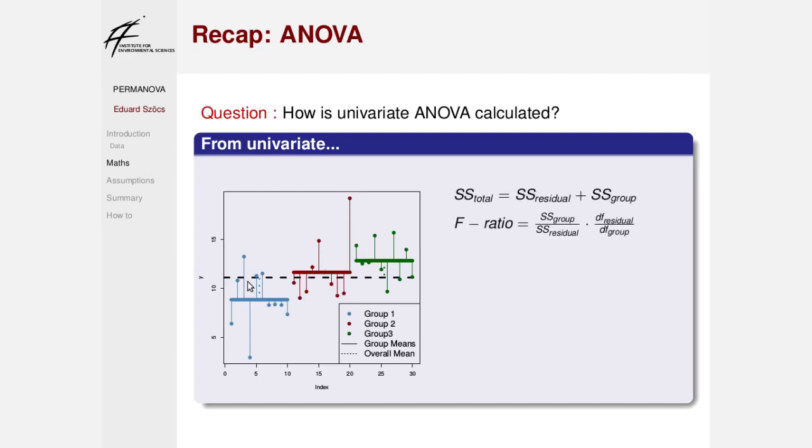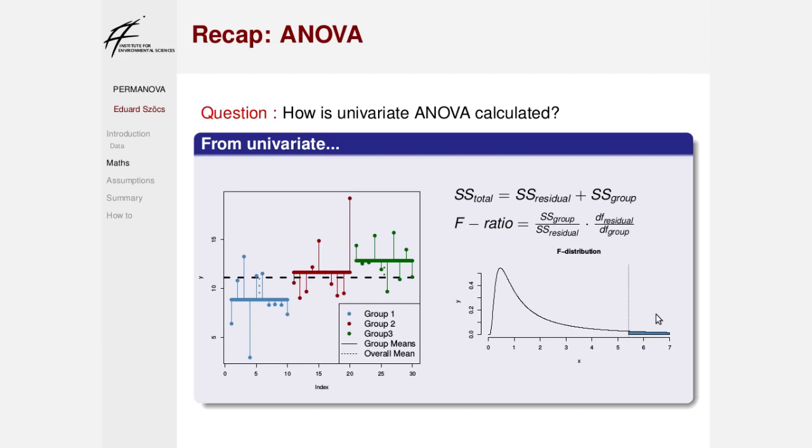From that we have variance between groups and within groups, and we compute the sum of squares. Then we take the ratio of both. It's called the F ratio, and we compare this F ratio with an F distribution. The P value is the area under the F distribution beyond the F ratio we got.